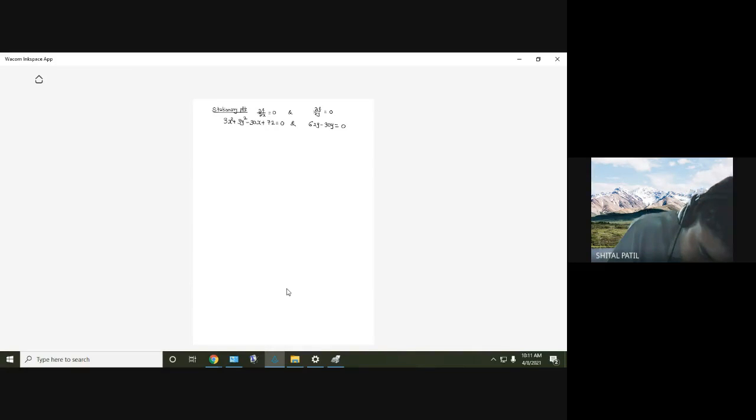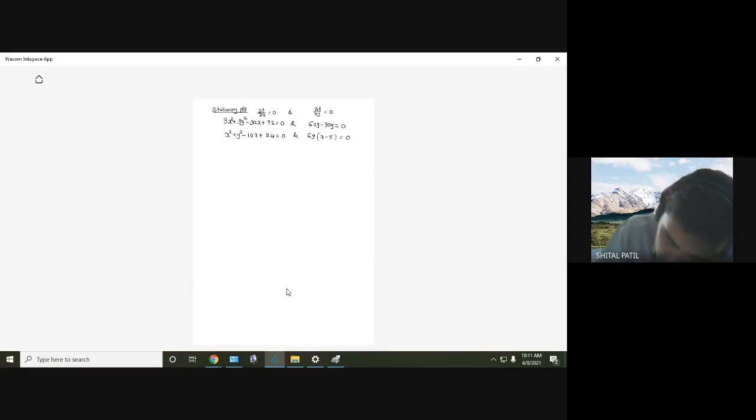What can we take common? We can cancel 3, so x square plus y square minus 10x plus 24 equal to 0. And from the second equation we can take 6y common.